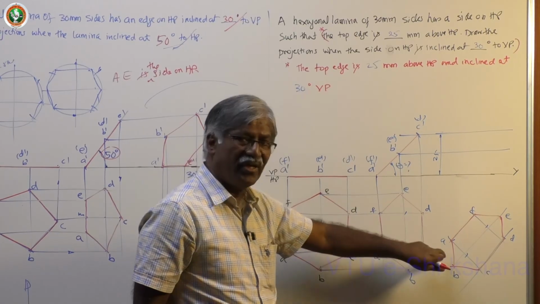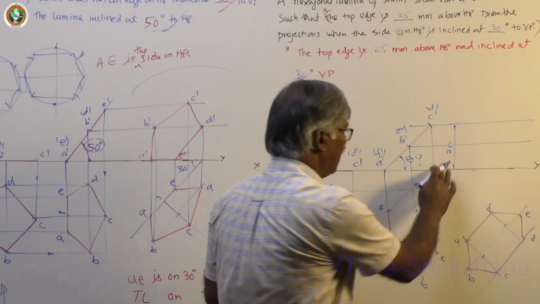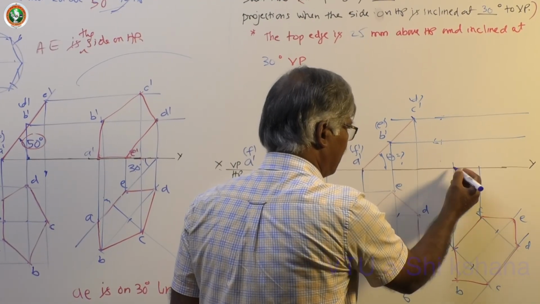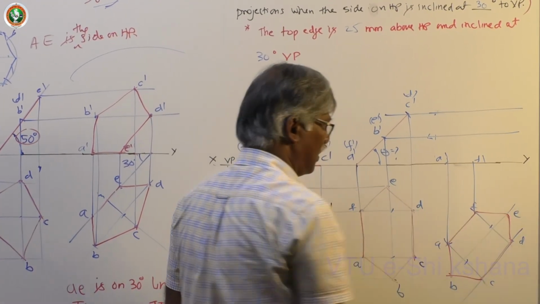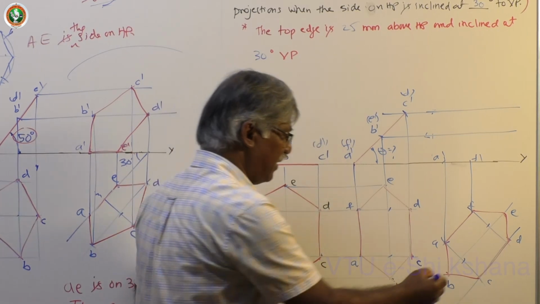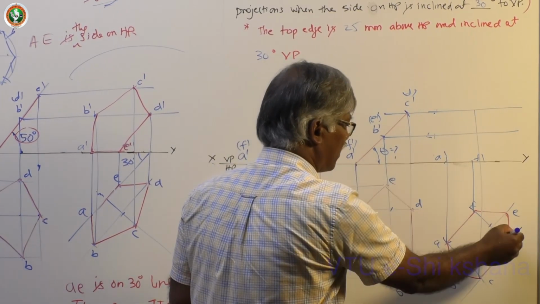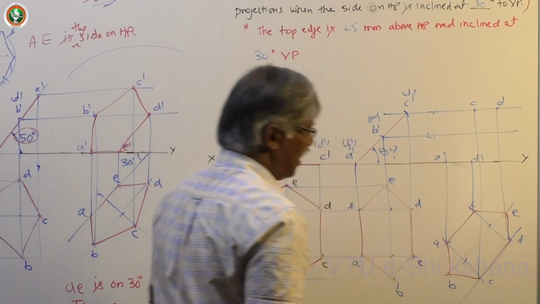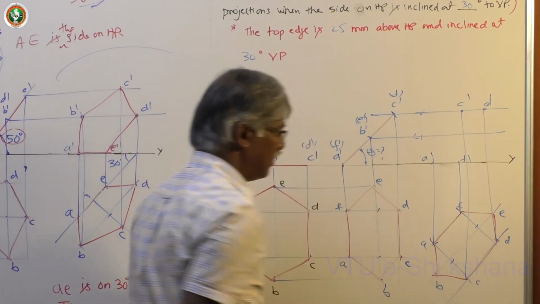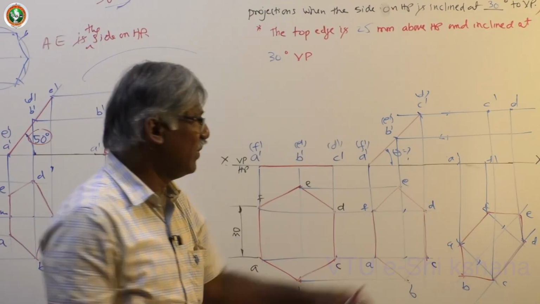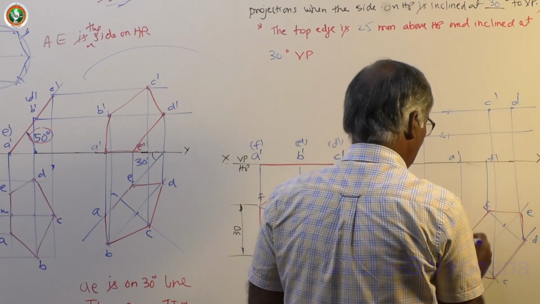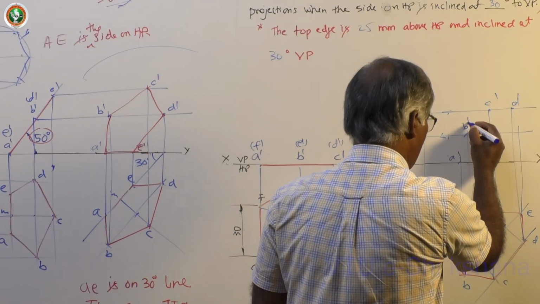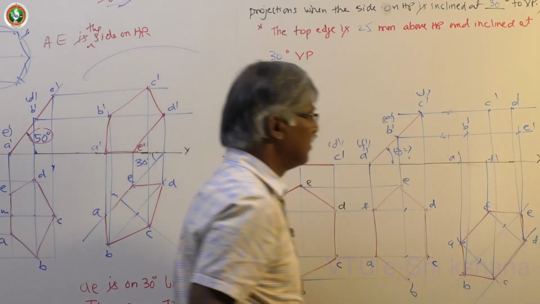AF is exactly on the XY line. This is A dash, F dash. Then CD is the topmost points, C dash, D dash. Then BE is projected already, then project on that. This is B dash, this is E dash.